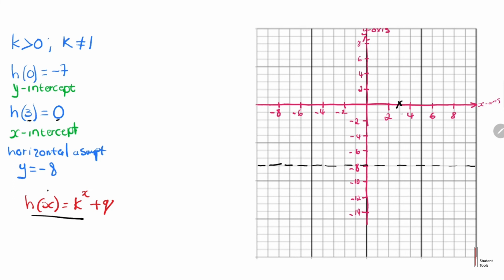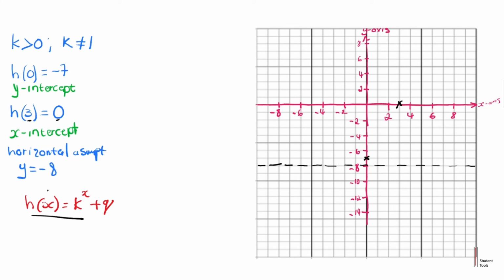That's why the x-intercept is (3, 0). And then we are given that h of 0 is equal to negative 7, so our y-intercept is at (0, negative 7). The y-intercept is over here.